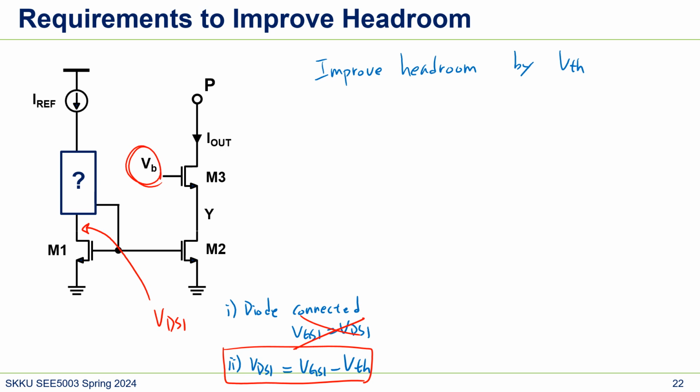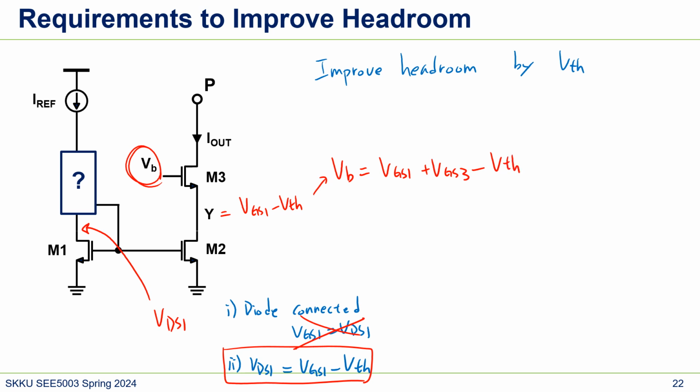So what it means is that, assuming we achieve this, our goal is to set this as VGS1 minus VTH1. Well, let's just say VTH. So we can set this, and then VB turns out to be VGS1 plus VGS3 minus VTH, right?